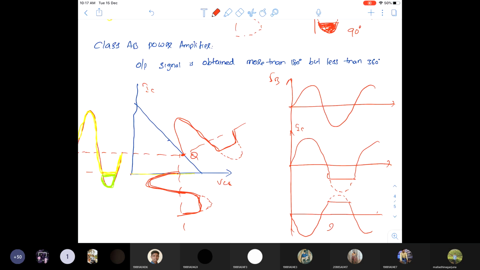So the conduction angle is 270 degrees out of 360 degrees. This is the class AB power amplifier.